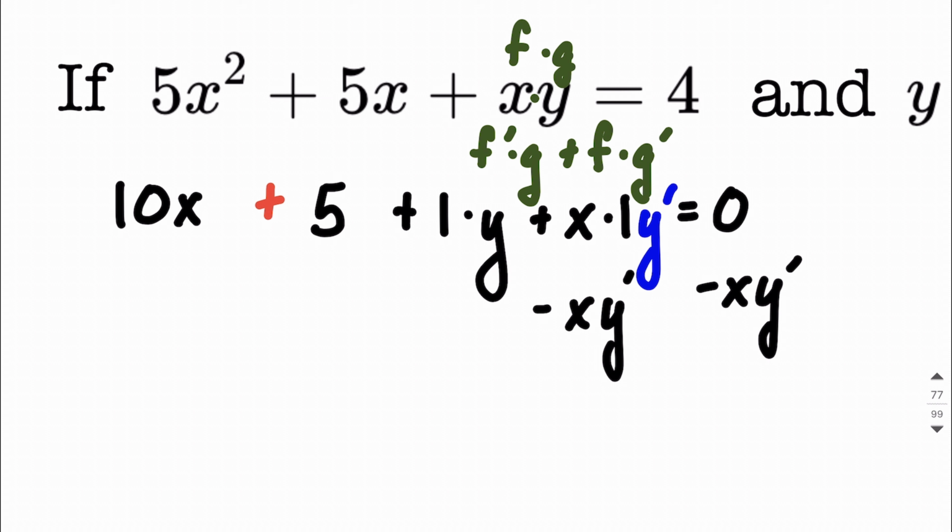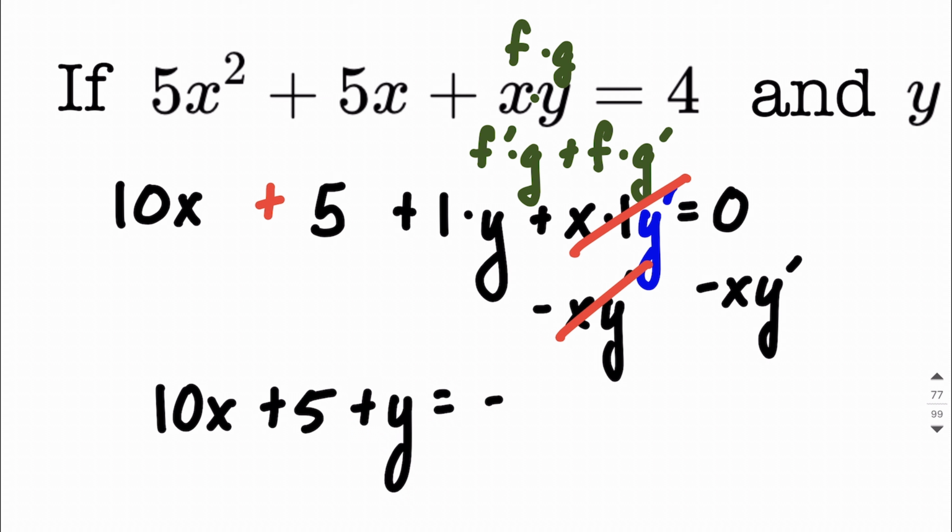It doesn't really make much of a difference. Adding and subtracting the same term will eliminate each other. So on the left-hand side, we're left with 10x plus 5 plus y. On the right-hand side, negative x y prime. Remember, we're trying to get that y prime on one side by itself, so all that really remains is to eliminate the negative x.